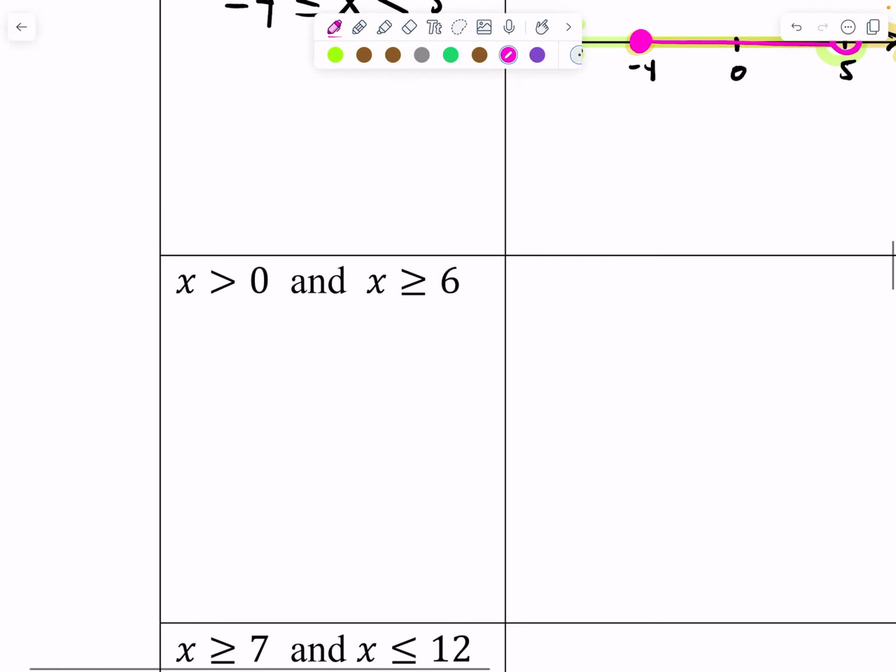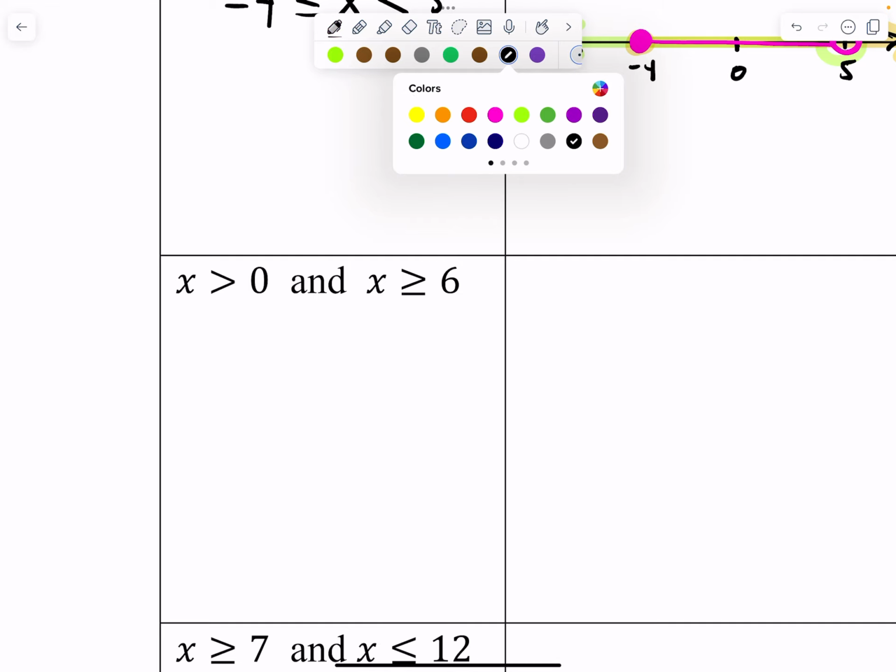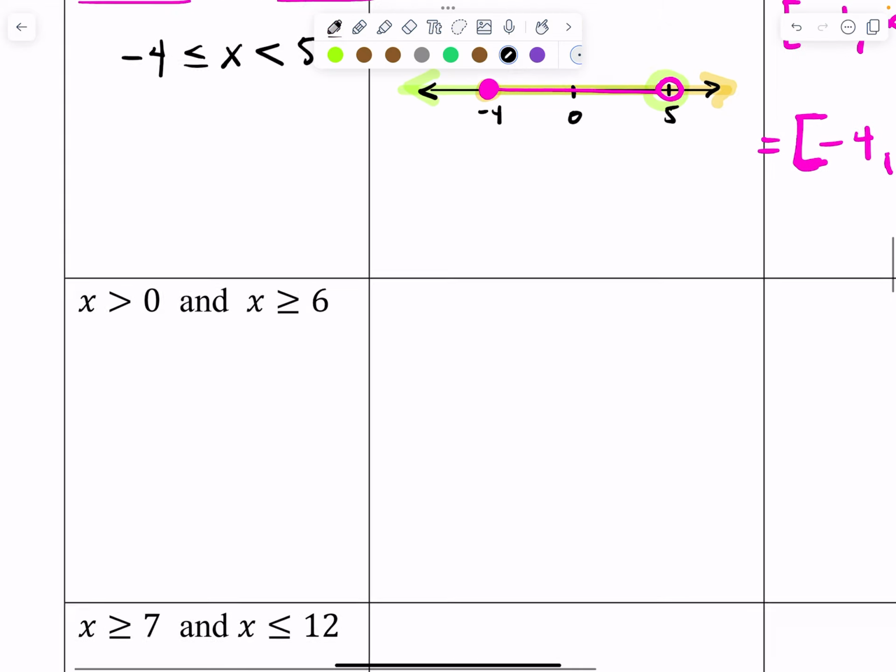Okay, I'll put one that's a little bit trickier here, kind of a trick question. So thinking about this one, let's look at the graph of the number line. Let's say that 0 is here and 6 is over here.